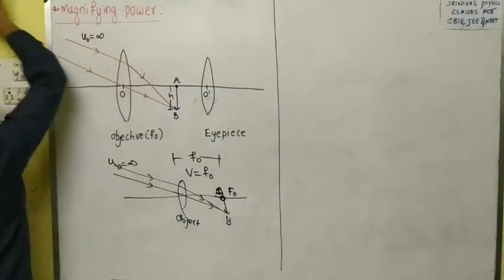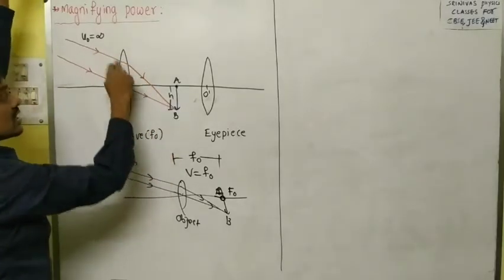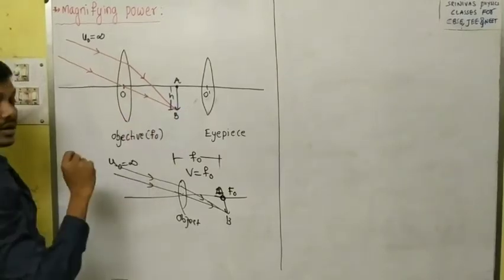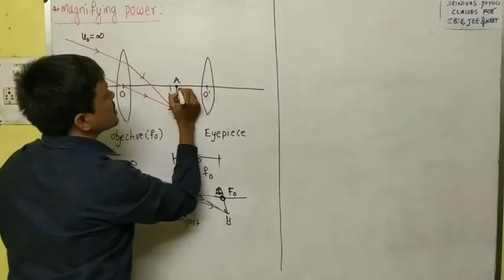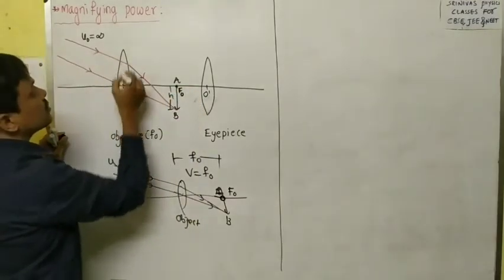When light rays are incident parallelly, after the refraction, this convex lens forms the image of the infinite object at its focus. This point is the focus. This is FO. It is at what distance from the objective?